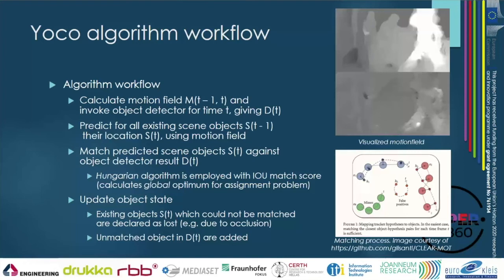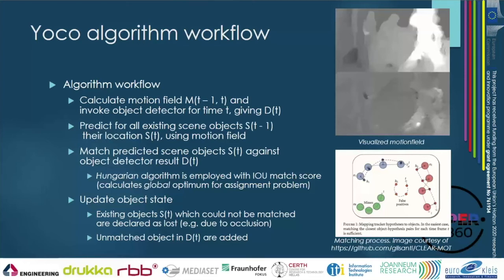Then we are matching the predicted scene objects against the objects which have been detected in the next image. And for that, we are using the so-called Hungarian algorithm. Yeah, and we are updating the object state. So for existing objects which we couldn't match, we are declaring these as lost and we delete them.